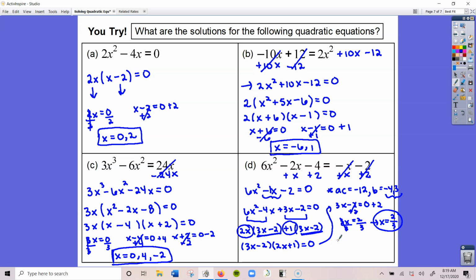For the other factor, we have 2x plus 1 is equal to 0. I would subtract the 1 first and get 2x is equal to negative 1, and then divide by 2. So my other answer would be x is equal to negative 1 over 2. And that's it. That's how to solve quadratic equations by factoring.